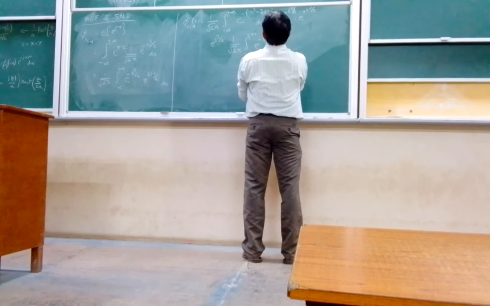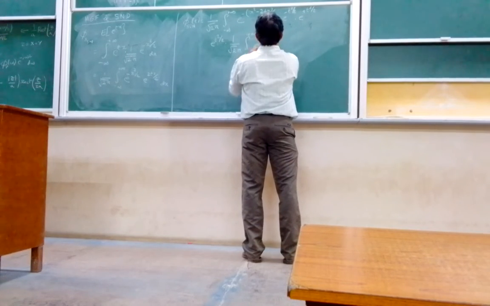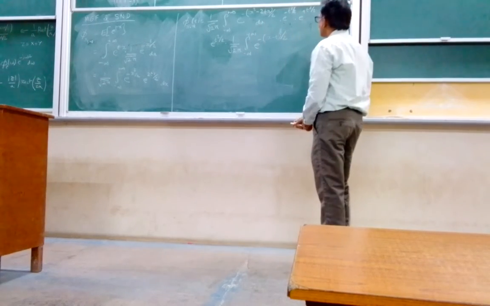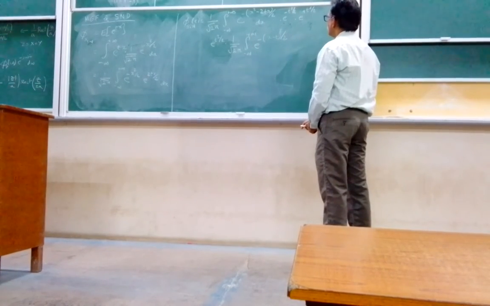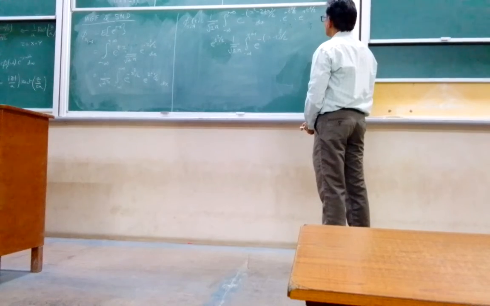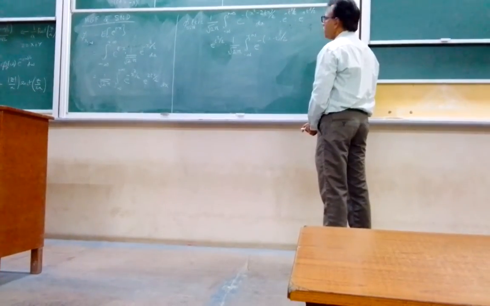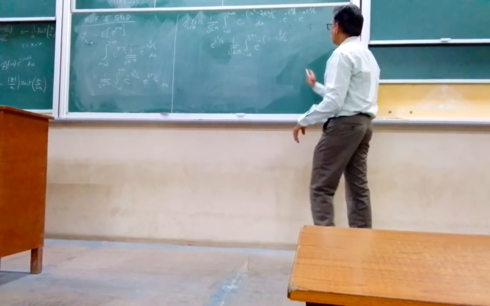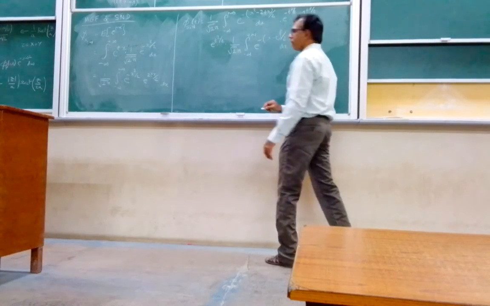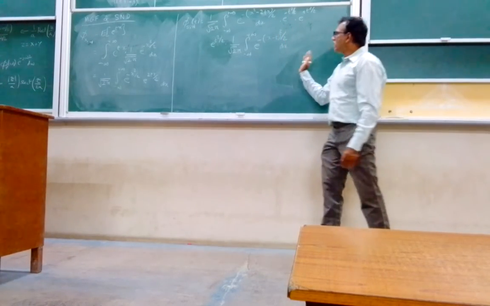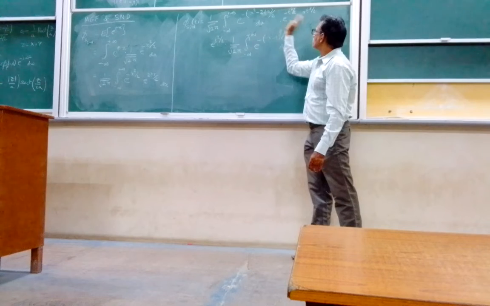I can write it as (x minus t) the whole square, into dx. By doing that, I have transformed this integration into this.